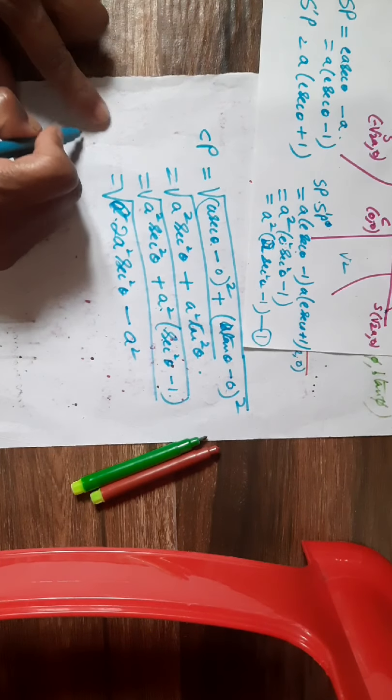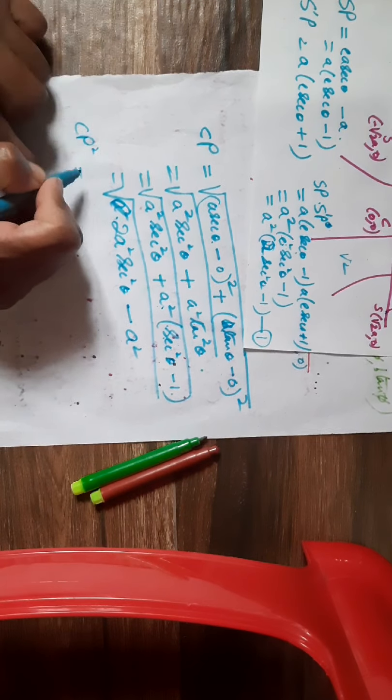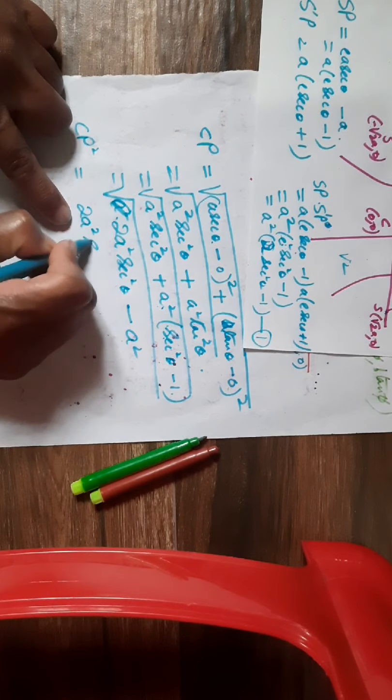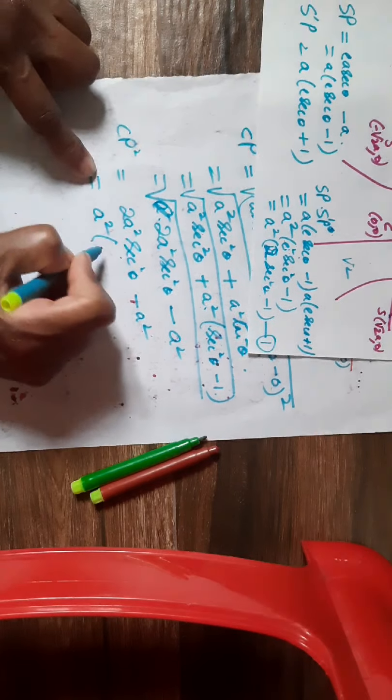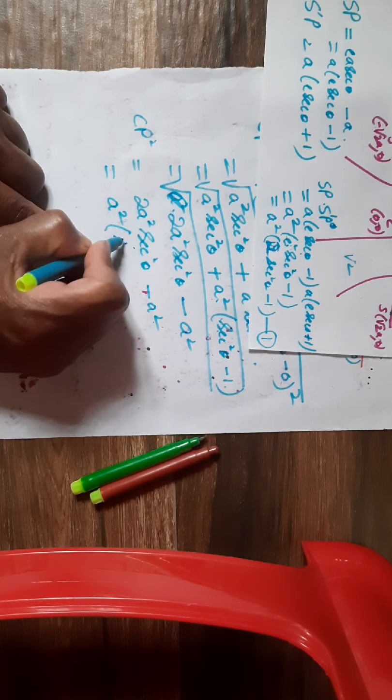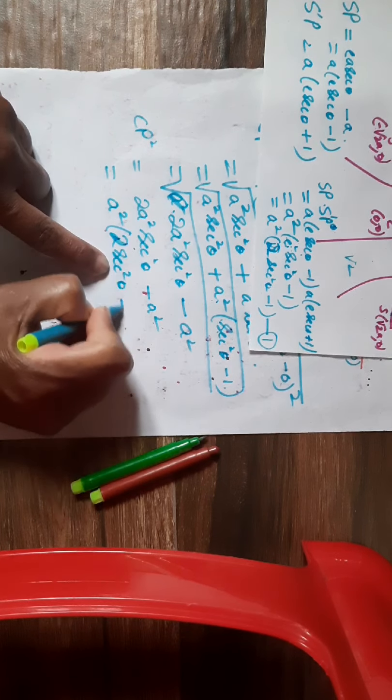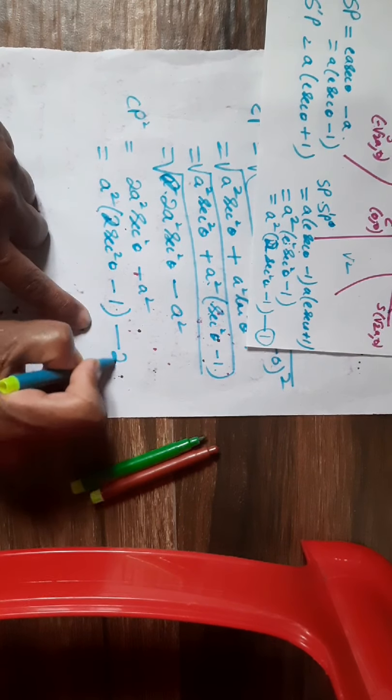Squaring on both sides, you'll get CP square is equal to 2 a square secant square theta minus a square. So this is a square into (2 secant square theta minus 1). This is equation 2.